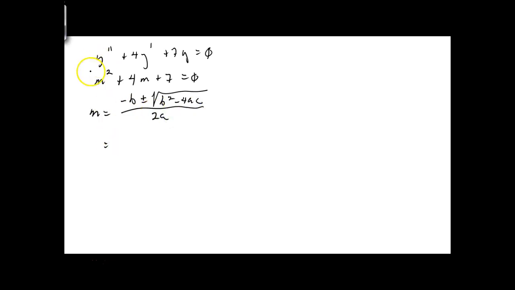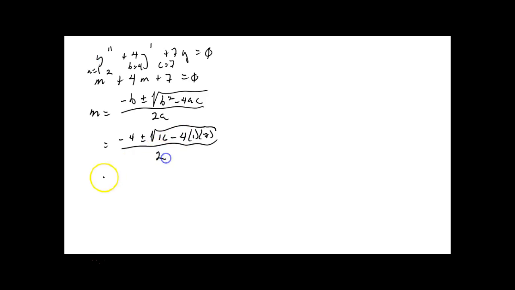Okay? So here our a is 1, our b is 4, and our c is 7. So we got minus 4 plus or minus the square root of 4 squared is 16 minus 4 times a is 1 and c is 7, all over 2 times a, and a is 1.